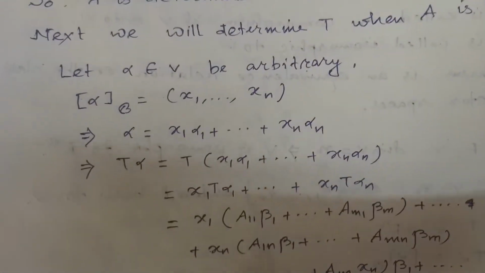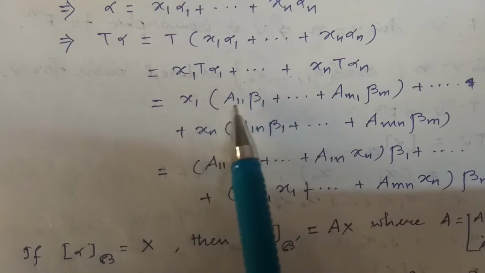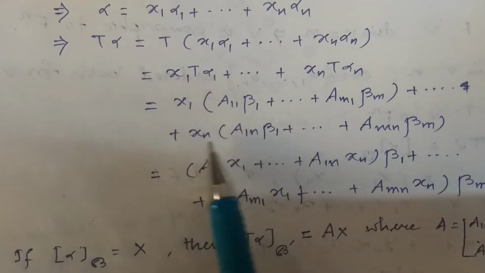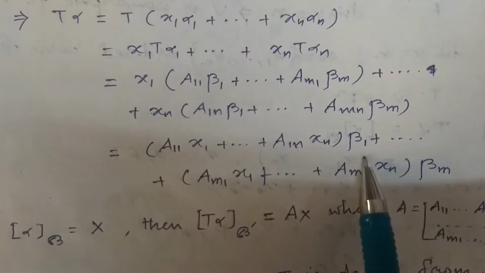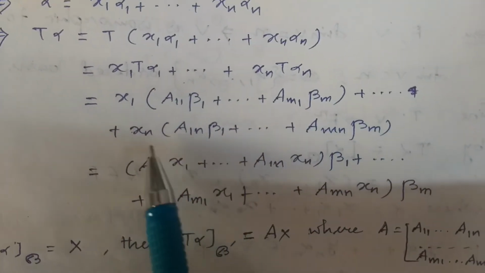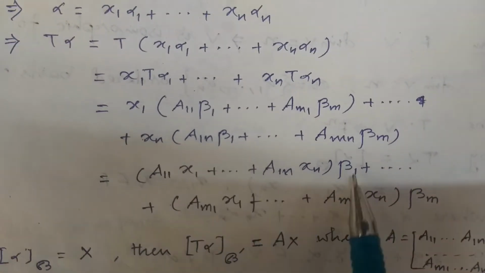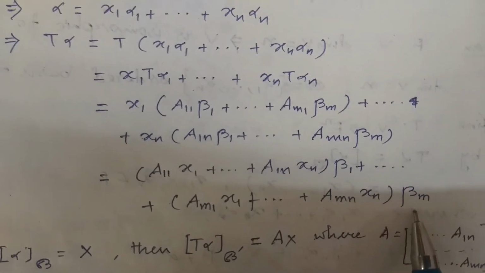Now we arrange them in the form (x1 a11 plus ... plus xn a1n) into beta 1 plus ... (x1 am1 plus ... plus xn amn) into beta m. So it is a linear combination of beta 1, ..., beta m. Clear?